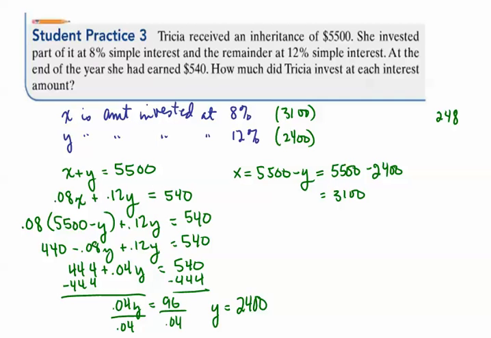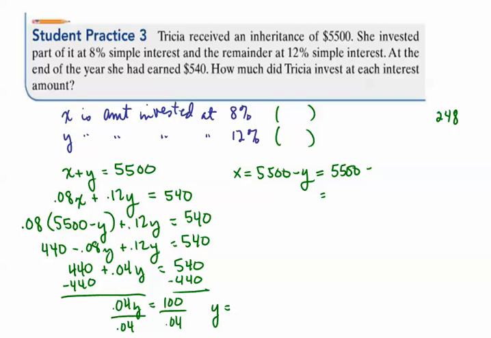Okay, so I do see where I made my mistake. Maybe you saw it before I did. And that is, for some reason, I changed the 440 into 444. So I'm going to correct those. All right, so I corrected them here. Then I'm going to get $100 instead of $96.